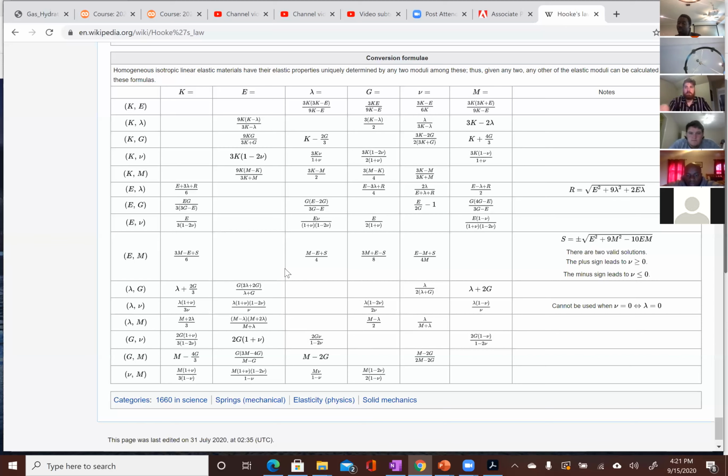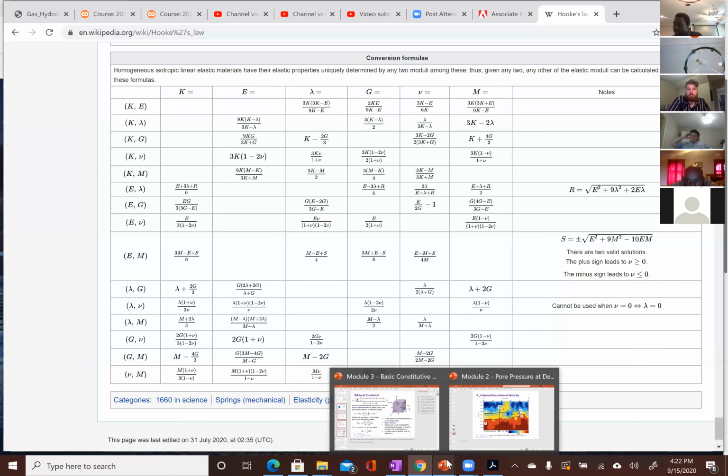But the first Lame's constant is by itself. And those are the 6 parameters. You already know E and nu, Young modulus and Poisson ratio. You already know bulk modulus and shear modulus. M modulus is the one that's less known, and you will see it shortly in this module, and the first Lame's constant. So that's how you can convert from one to the other. It's not really important. All you need is any 2. They are all independent.